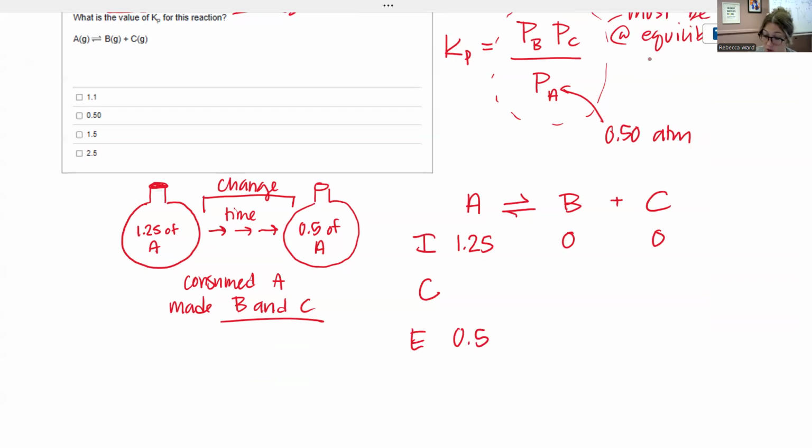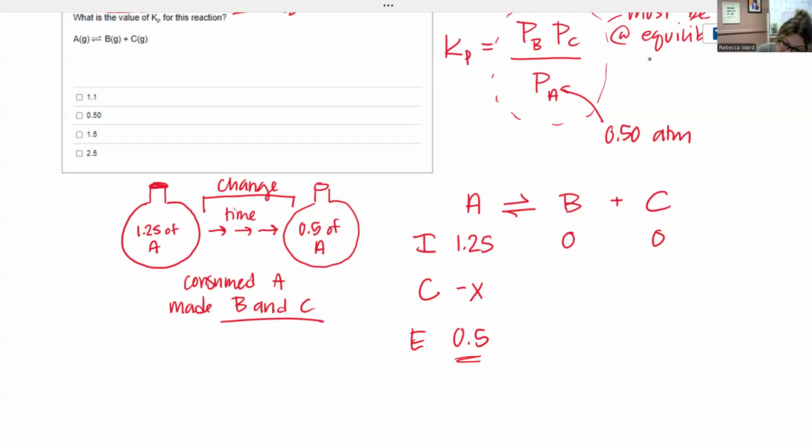So we can fill in the rest of this table by using the stoichiometry. Every time A reacted, I lost some A. I already said what that was: 1.25 minus 0.75 gives me 0.5.